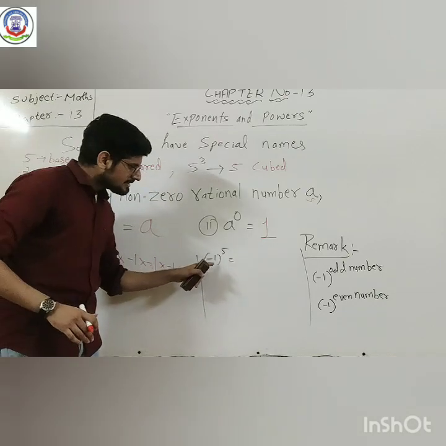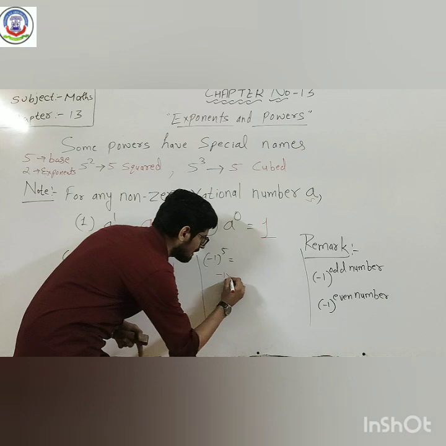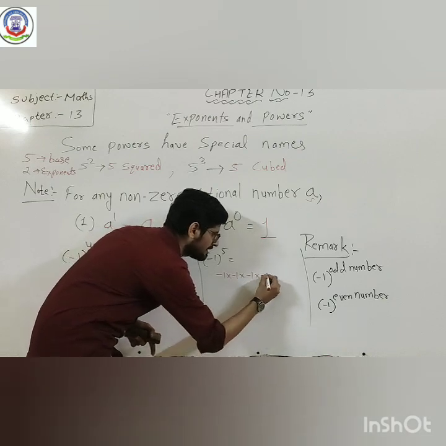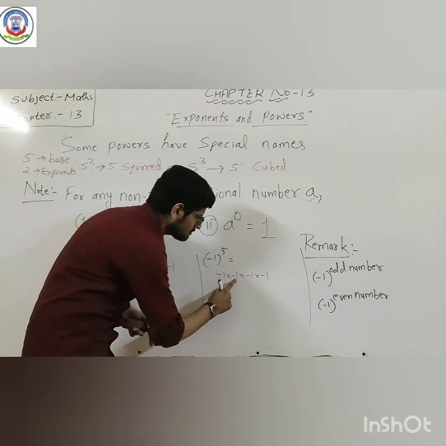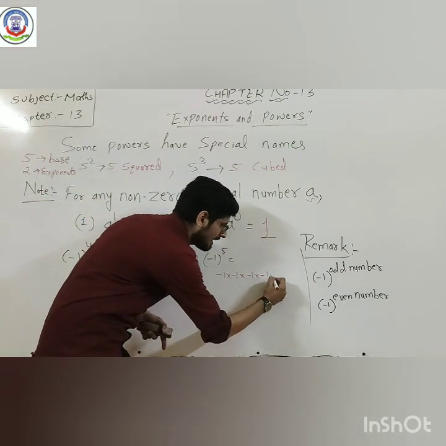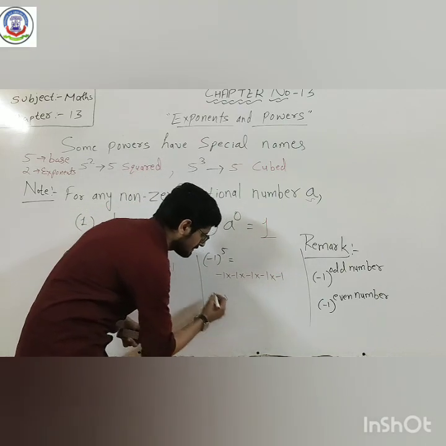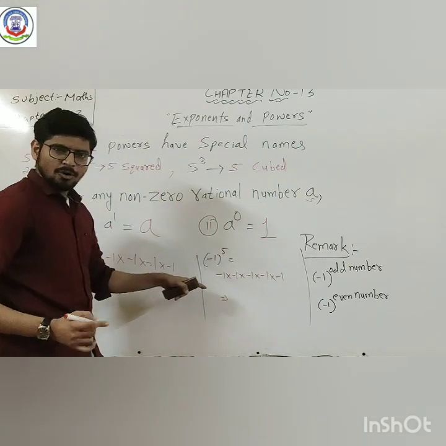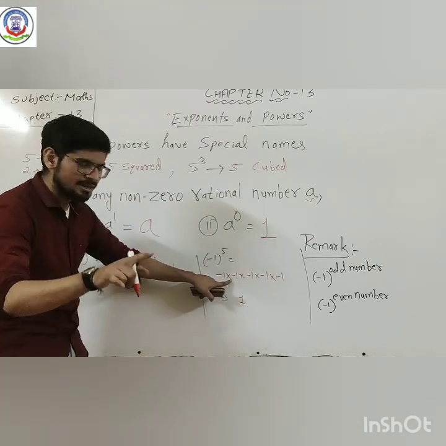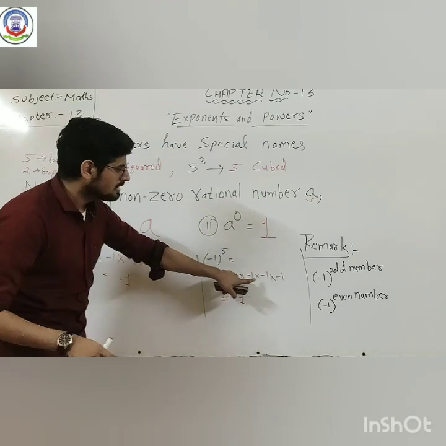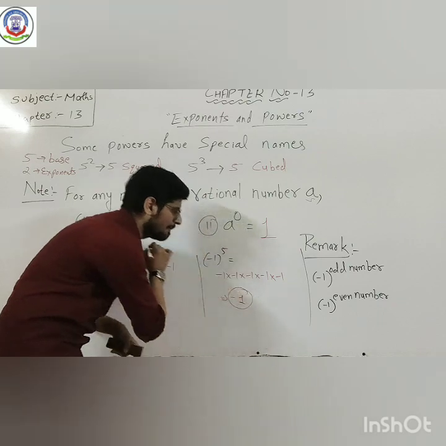Second case is -1 raised to the power 5. -1 raised to the power 5 means -1 can be written as the product of 5 times of -1. So -1 multiply -1 multiply -1. How many times? 1, 2, 3, 4 and 5 times. 1 का 5 टाइम प्रोडक्ट कितना होगा? 1 ही होगा. ओके, then minus minus plus, plus minus minus, minus minus plus and plus minus, again you will get minus.